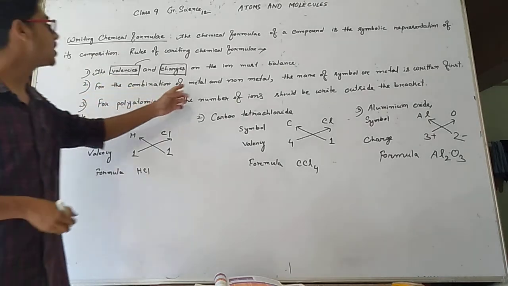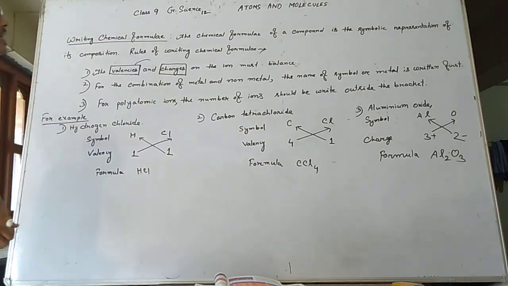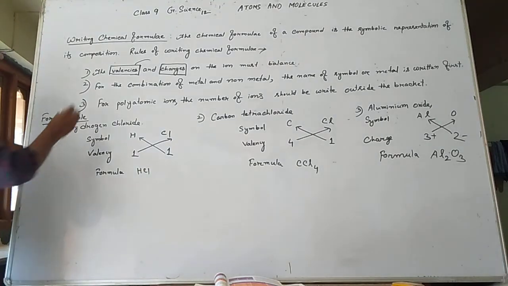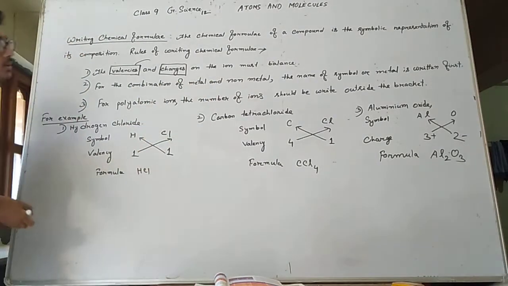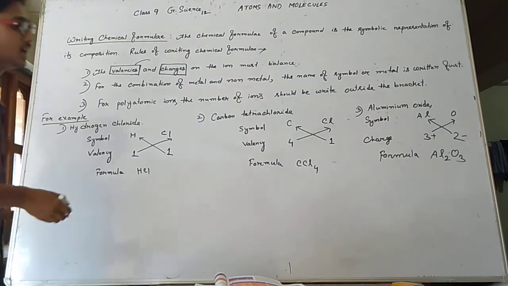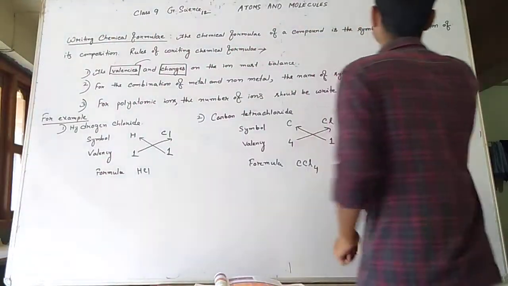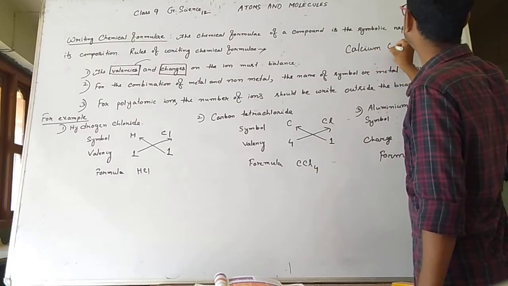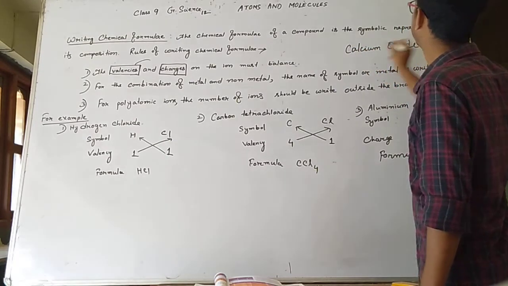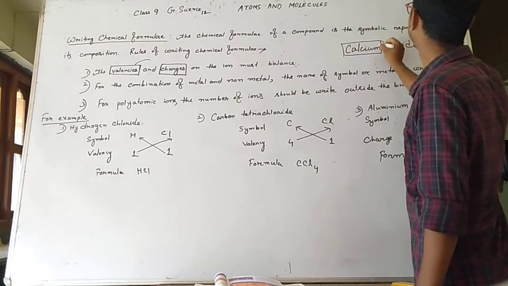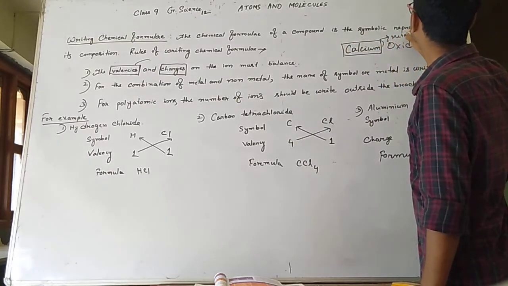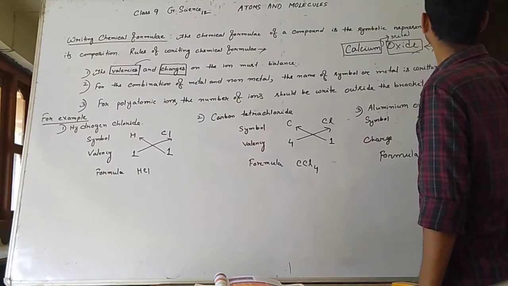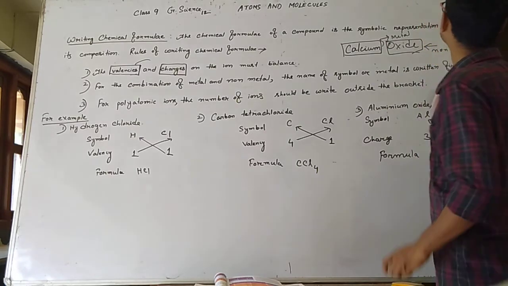For the combination of metal and non-metal, the name or symbol of the metal is written first. For example, we take calcium oxide. How to write the calcium oxide name? Calcium oxide. Here, calcium is a metal, and oxide means oxygen, which is a non-metal.